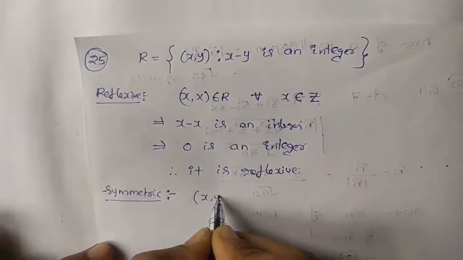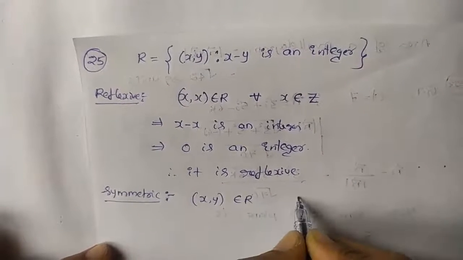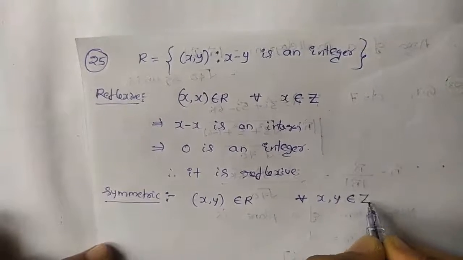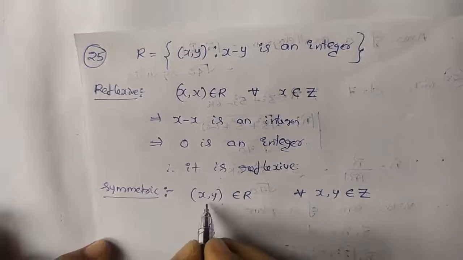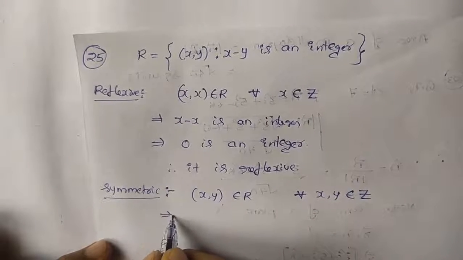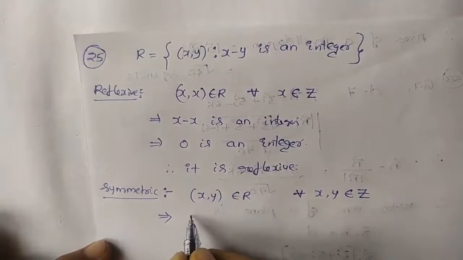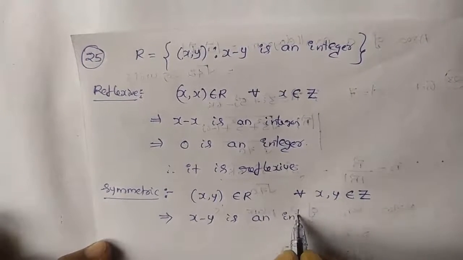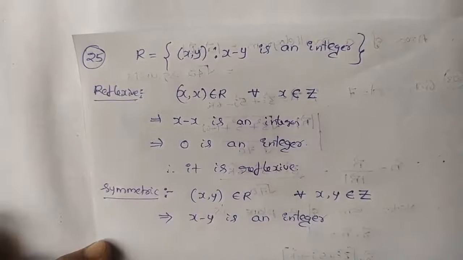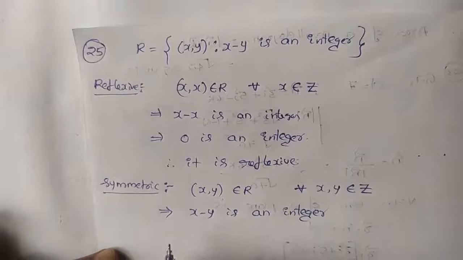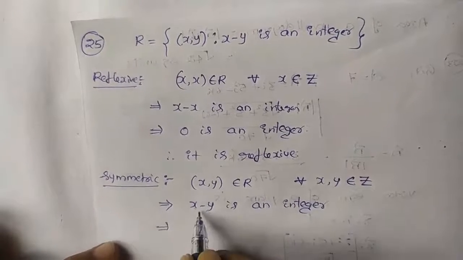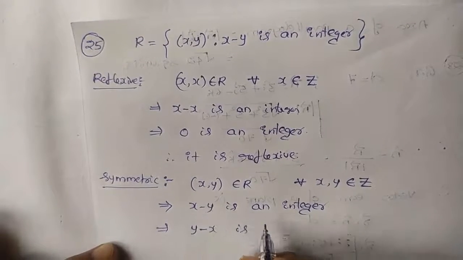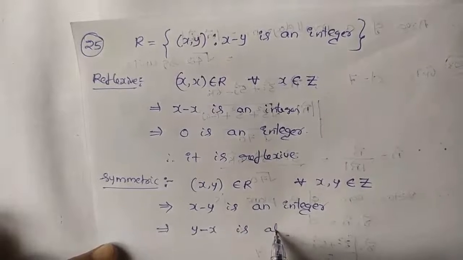So x comma y belongs to R for all x comma y elements of integers. So if x comma y belongs to R, then x minus y is an integer. Then y minus x is also an integer. If x minus y is an integer, y minus x is also an integer.